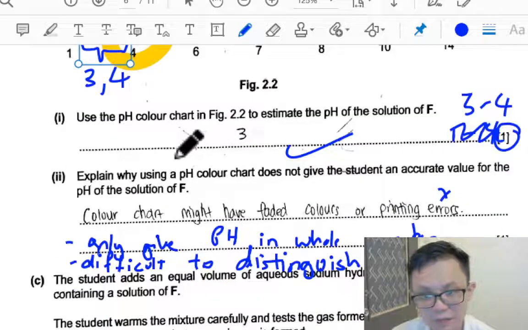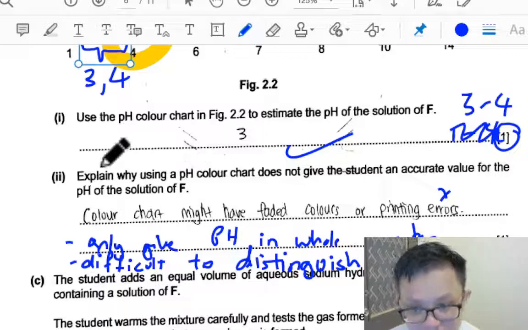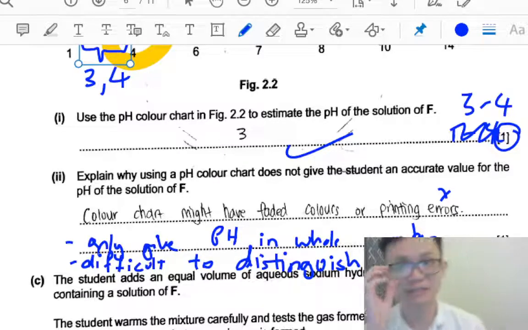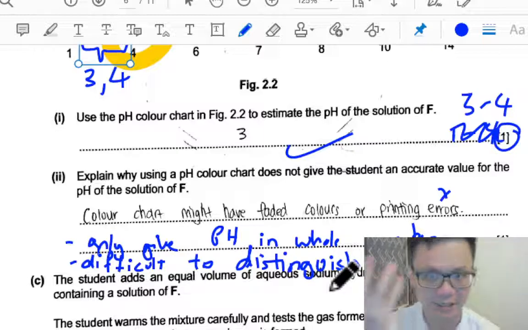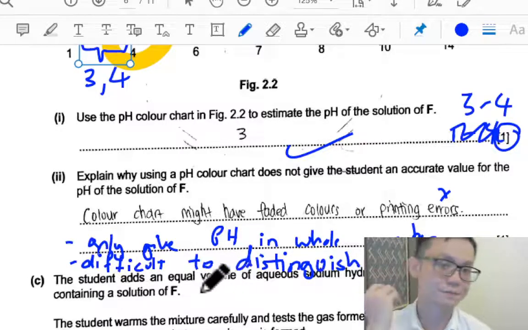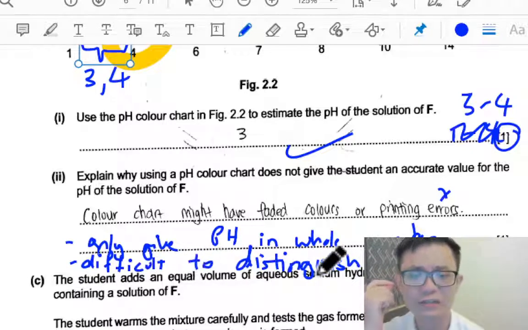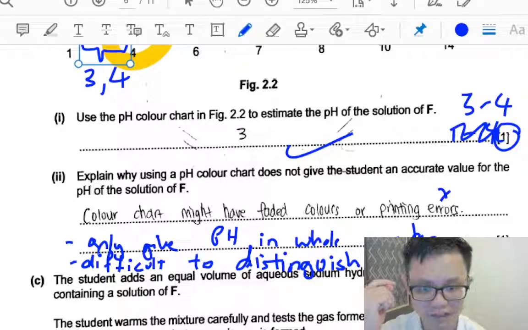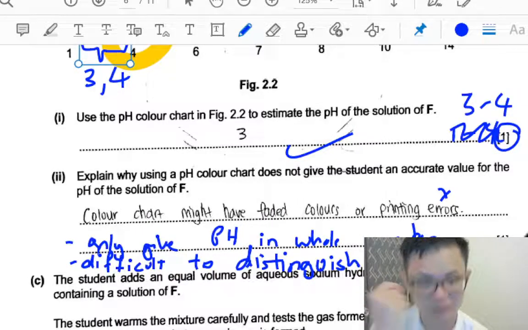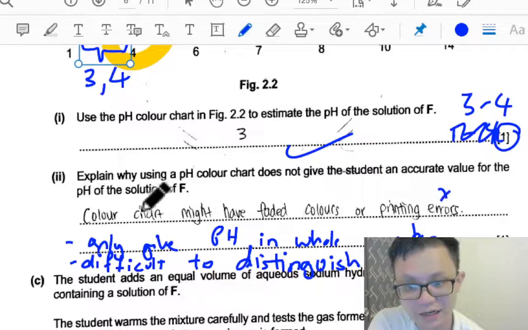Explain why using the pH chart does not give the exact value. I think the best answer is that it is difficult to distinguish between colors. As I say, color is very subjective. When we say something is red, how red is it? When we say something is blue, how blue is it? And my blue and your blue are different, you know. So it's difficult to distinguish between colors. Or you can say it only gives pH as a whole number. I didn't give marks for that because it is not in the marking scheme.